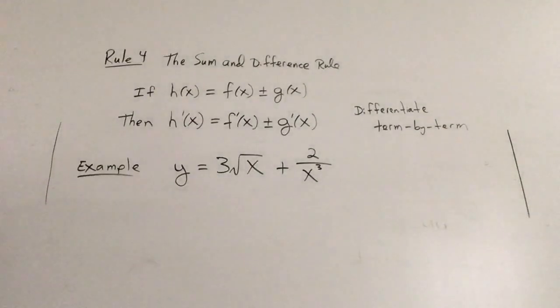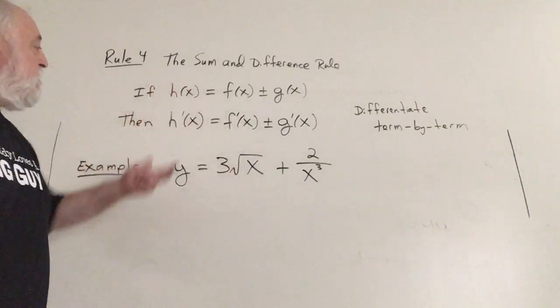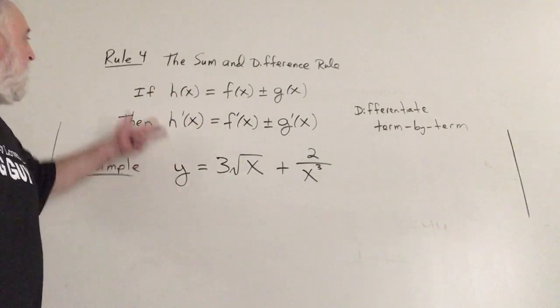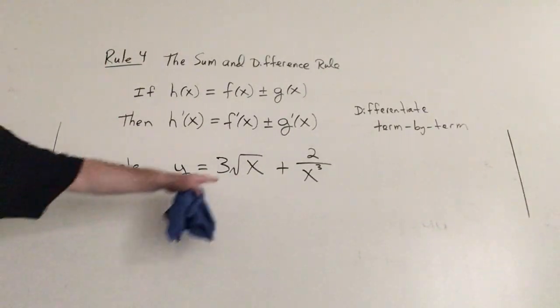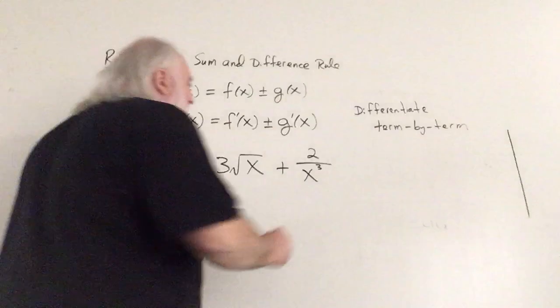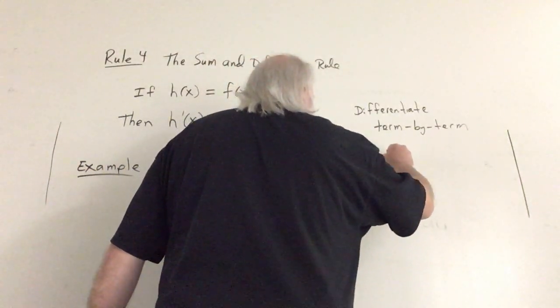Well, you know that before we can differentiate, we have to rewrite this on the right-hand side so we can use basic rules of differentiation, rules 2 and 3. So, square root of x is the same as x raised to the 1/2 power.